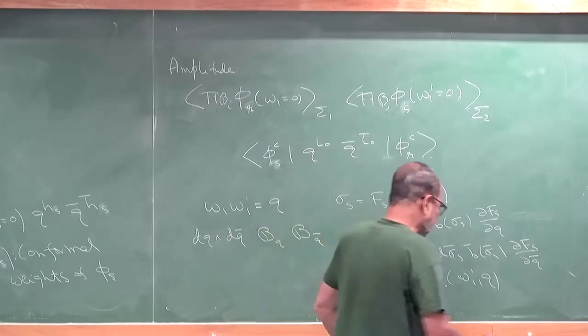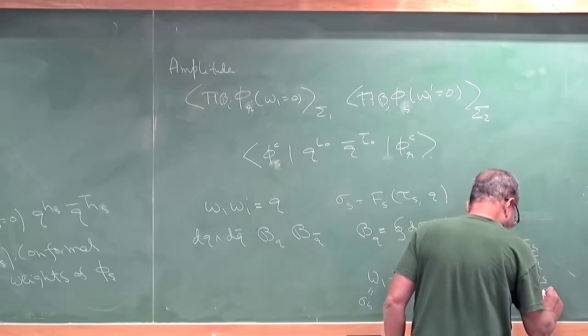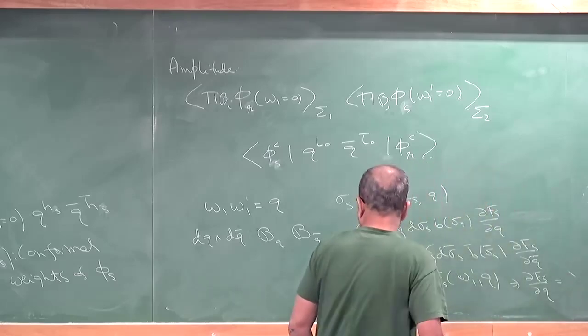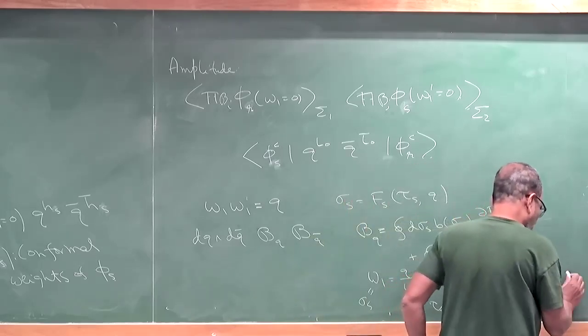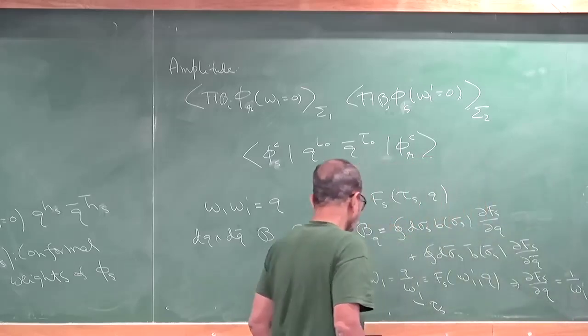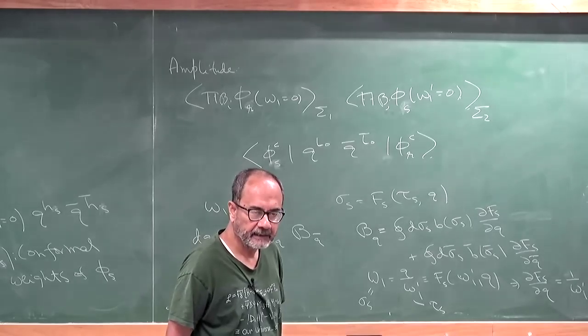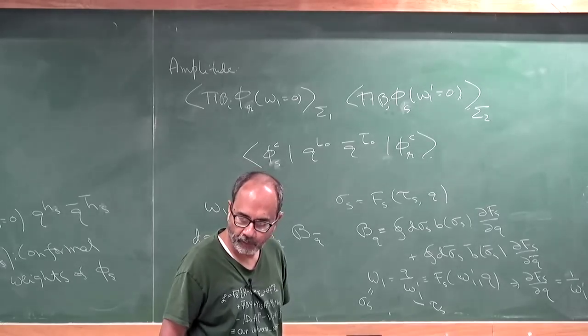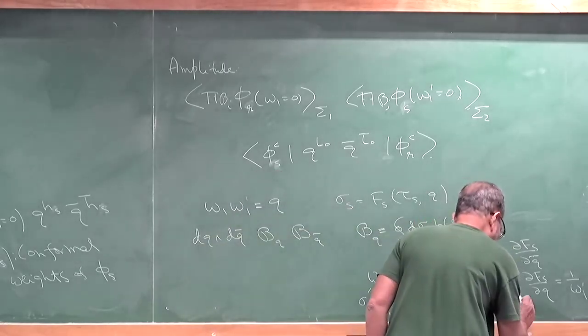So del fs del q has to be done at fixed tau. So this is 1 over w1 prime. Clear? Del fs del q bar is 0.